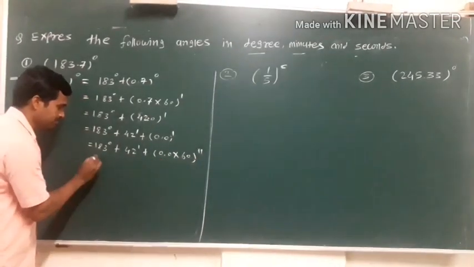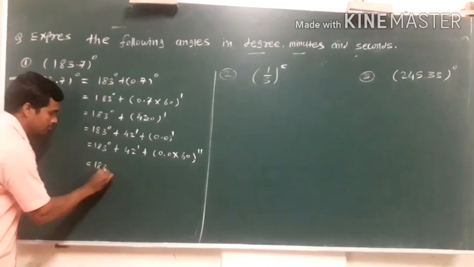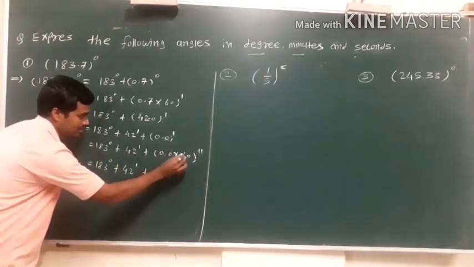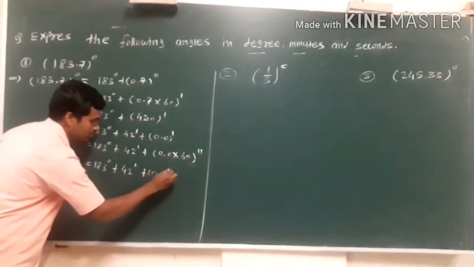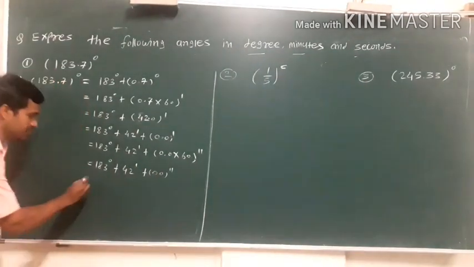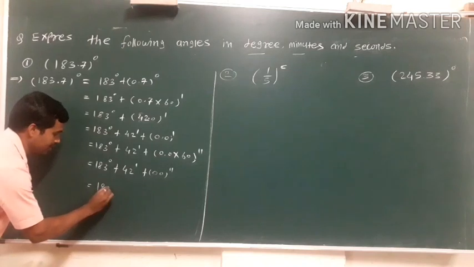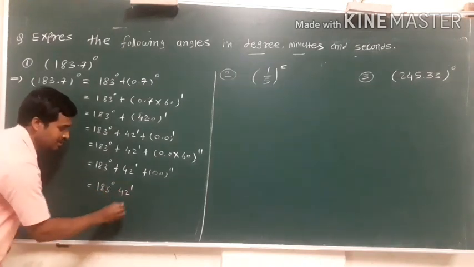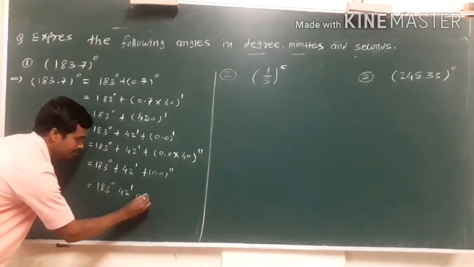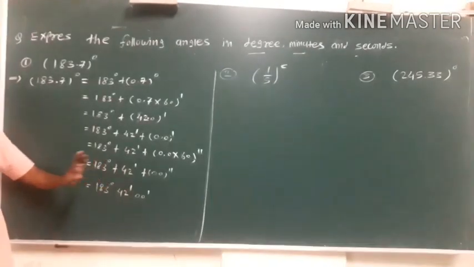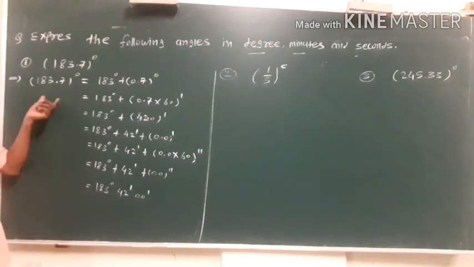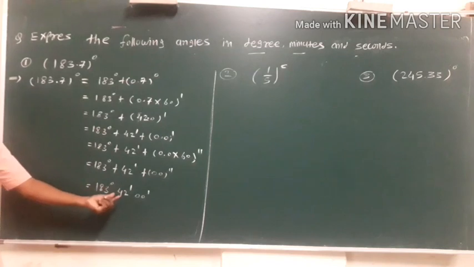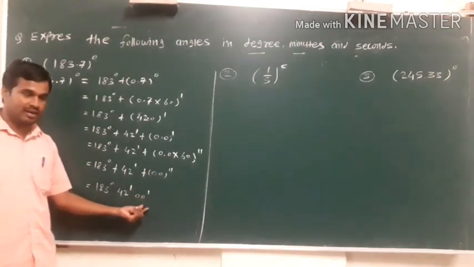So the next step, 183 degree 42 minutes plus we get 0 seconds. The final answer is 183 degree 42 minutes and 00 seconds. These examples convert into degree, minutes and second.